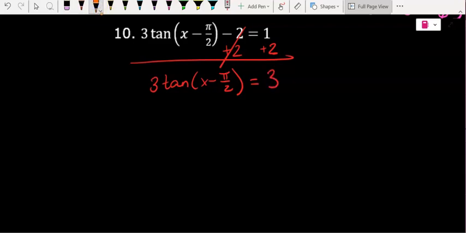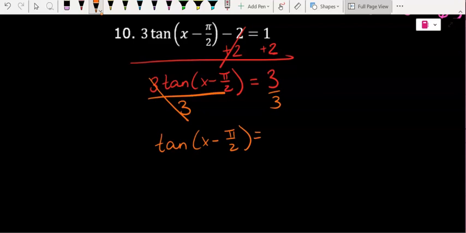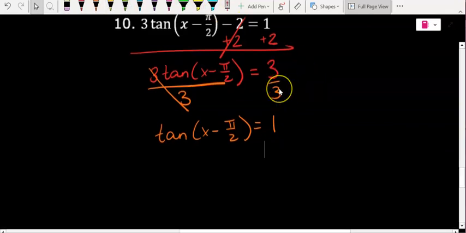My next step to get my trig function by itself, I've just got to divide both sides by 3. So now I have tangent of x minus pi over 2 is equal to 1. Now my trig function is by itself. I can go ahead and do my inverse trig function.